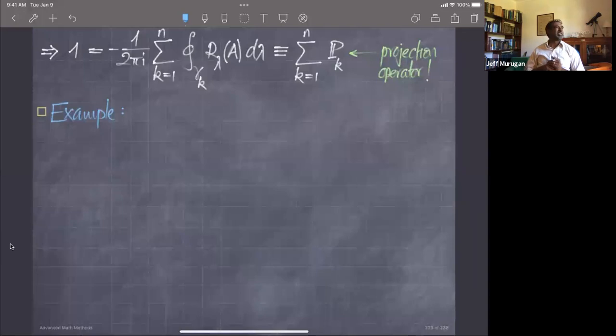So the problem is that this is a little bit tricky, right? Because these are essentially complex integral operators. They're integral operators, the PKs, right? But they're also complex. And we haven't really encountered two-dimensional complex integrals before. We've encountered two-dimensional real integrals, okay? But not so much two-dimensional complex integrals.